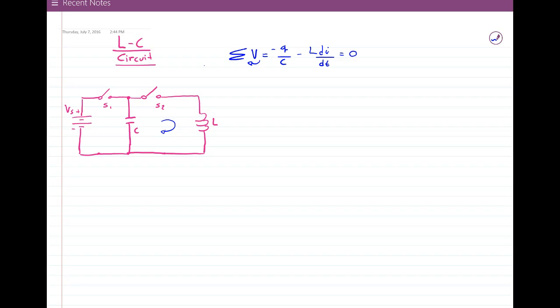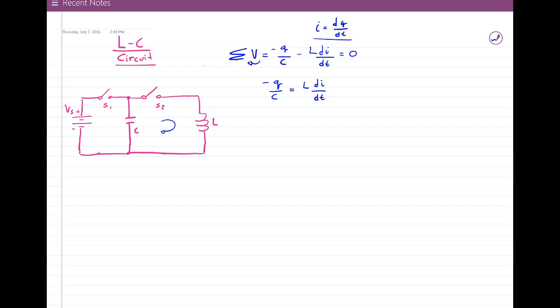So let's do this. Negative Q over C is equal to L dI/dt. Well, remember I is equal to dQ/dt, so this can be written as L times the second derivative of Q with respect to time.